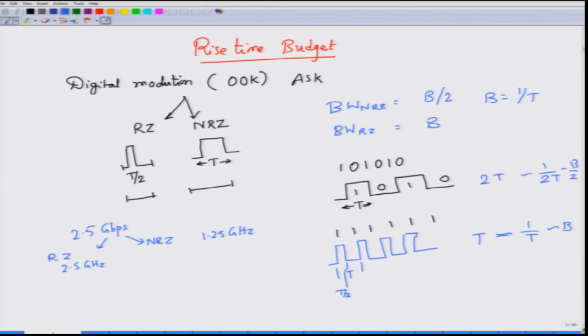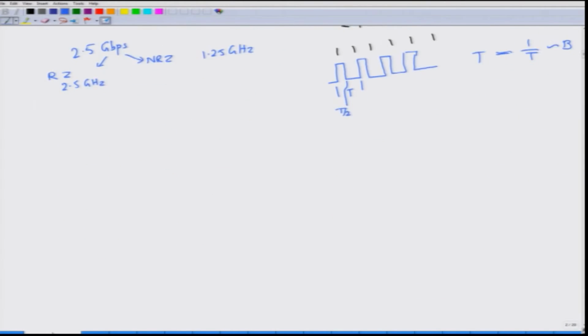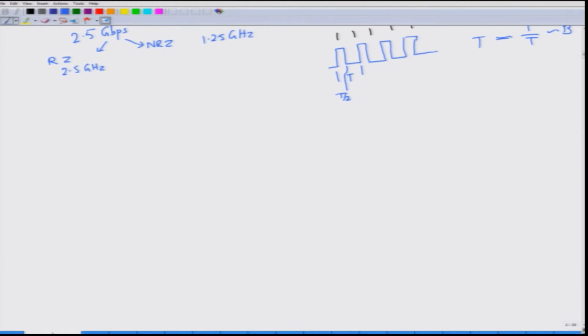A different way of expressing the same information is to talk about the rise time. A rise time for a signal is specified by looking at its 10% to 90% of the final value transition. What is the time required for 10% to 90% transmission, and this is called the rise time of the pulse.